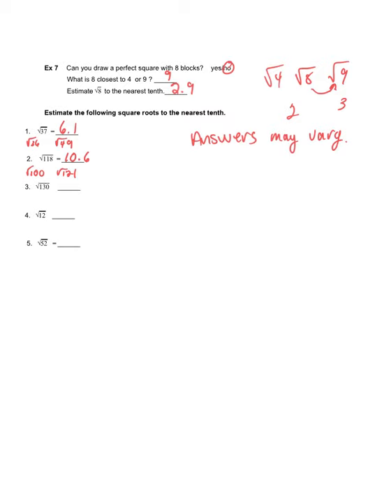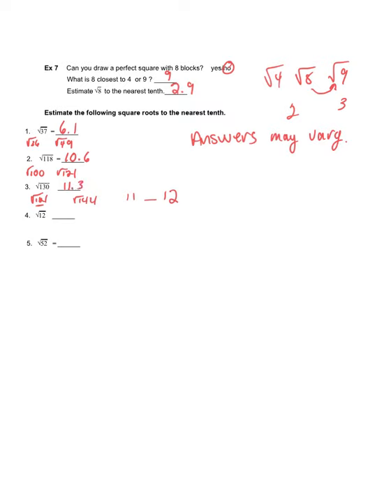130 falls between the square root of 121 and 144, which is between 11 and 12. And 130 is closest to 121. So I'm estimating again 11.3.